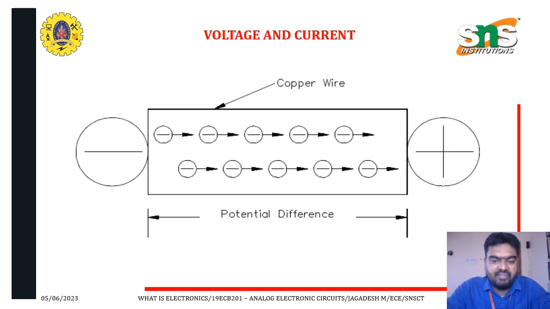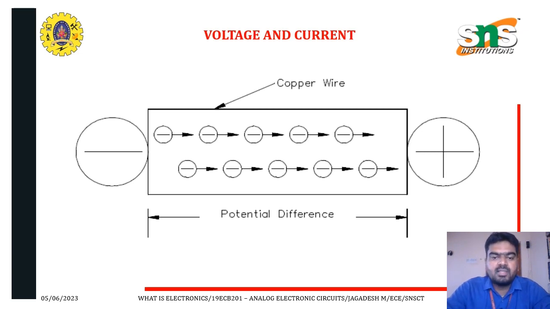It is called the potential difference, which, as I told you already, is nothing but voltage. Between these points there is electron movement inside the copper wire. That electron movement is considered the current, and the unit of current is ampere. This image clearly explains the difference between voltage and current.